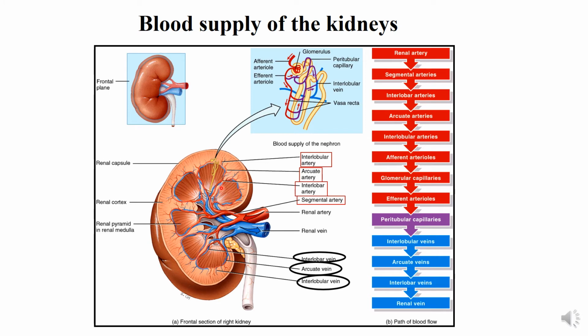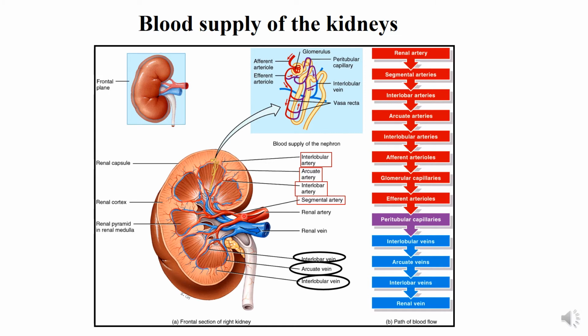These interlobar arteries move up till they reach the base of the pyramid. At the base of the renal pyramid, the interlobar artery arches between the cortex and the medulla, and here they are called the arcuate arteries.